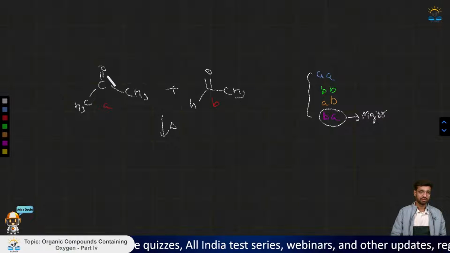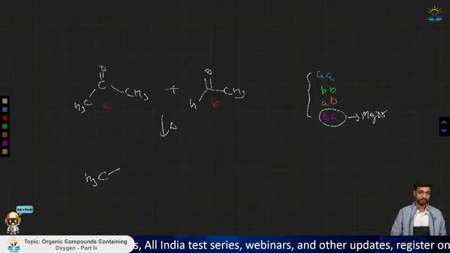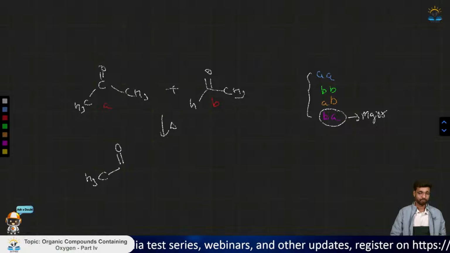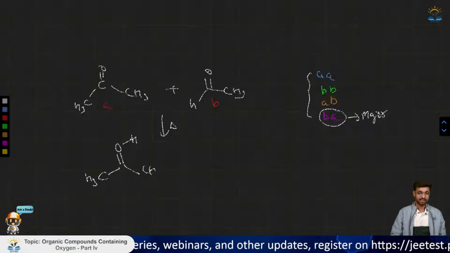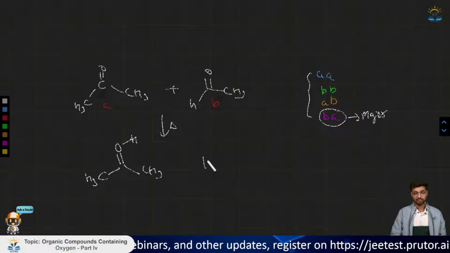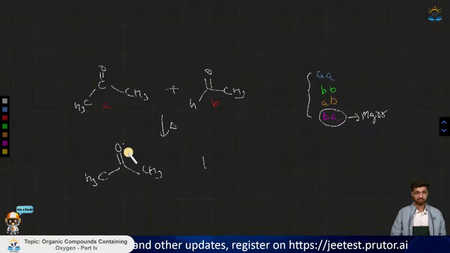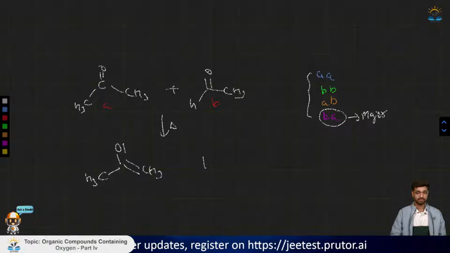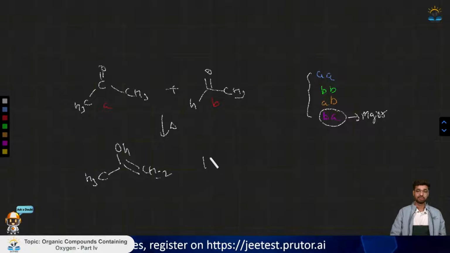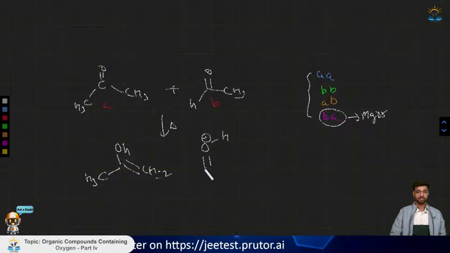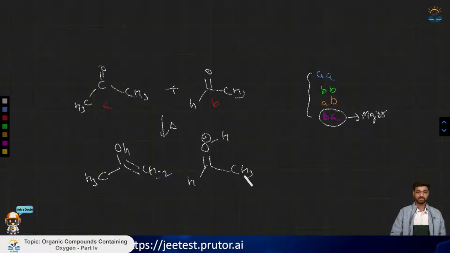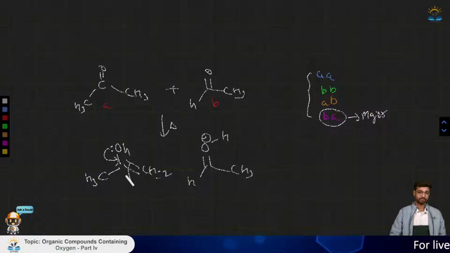So how will it proceed? First the enol will form, absolutely, like this. So the enol will look like this at last. I'm drawing the final one. And since this is a nucleophilic center, which is more nucleophilic than this carbonyl center because of less steric hindrance, this lone pair will move like this and we'll attack here.